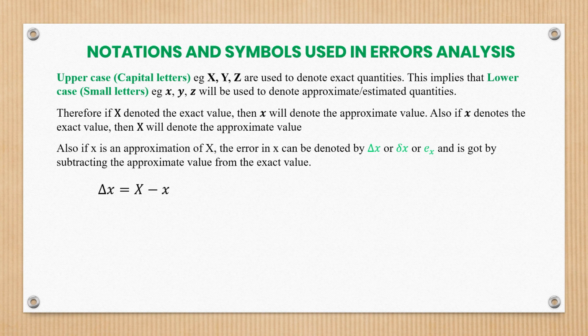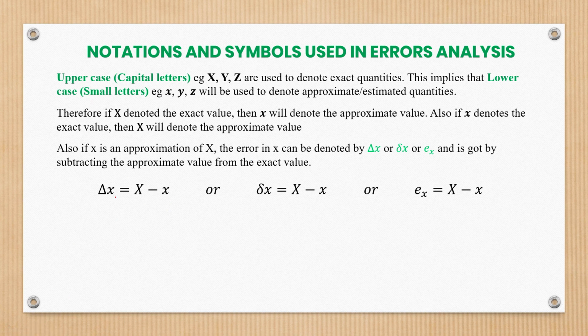What that means is that error in x shall be equal to the exact value, which is capital X, minus the small x. Or we can write it as sigma x is equal to capital X minus small x. Or we can also write it as ex is equal to capital X minus small x.